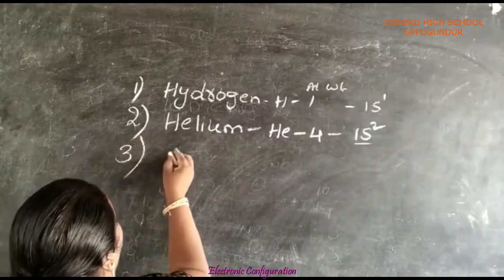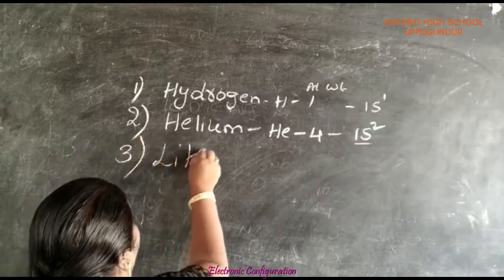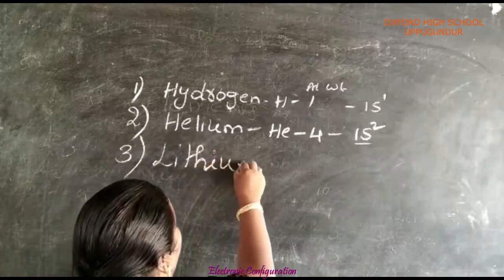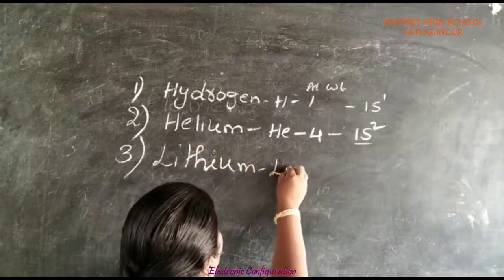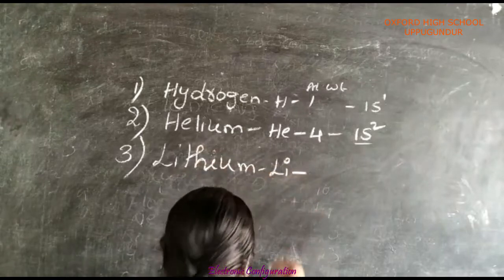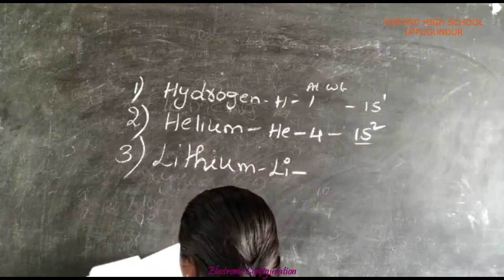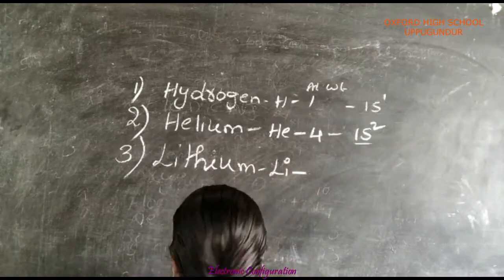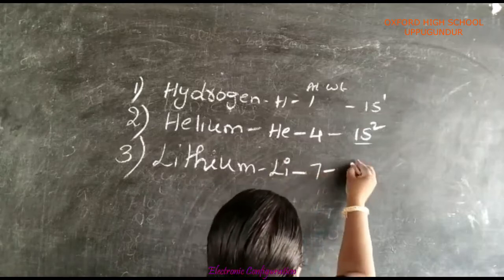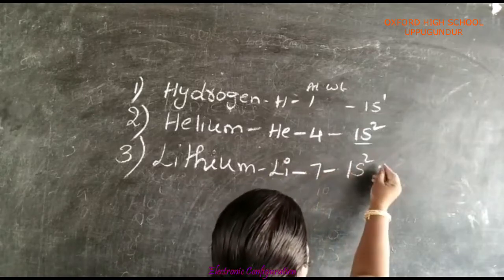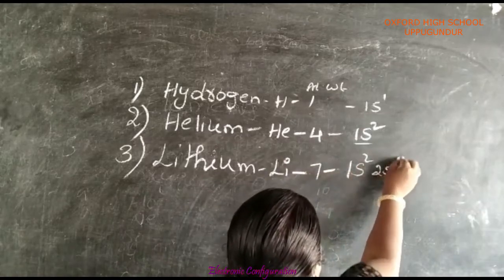Next, third one, lithium. The symbol is Li, and the atomic weight is 7. The electronic configuration is 1s2, 2s1.